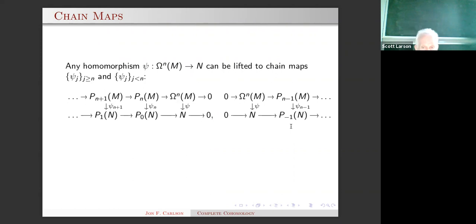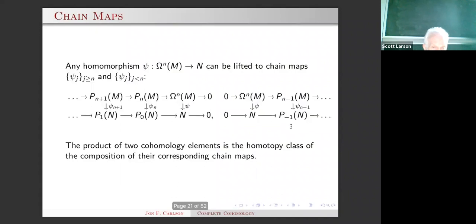And when I do that, I take these and splice them together. What I really have is a chain map of the complete resolutions. So this is the way I'm going to define my cohomology product.